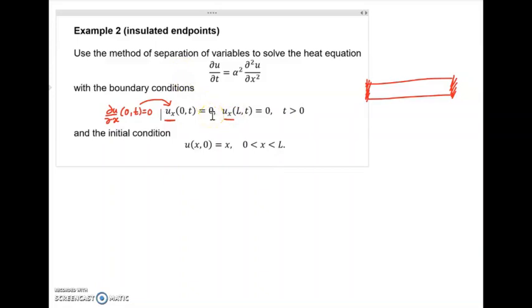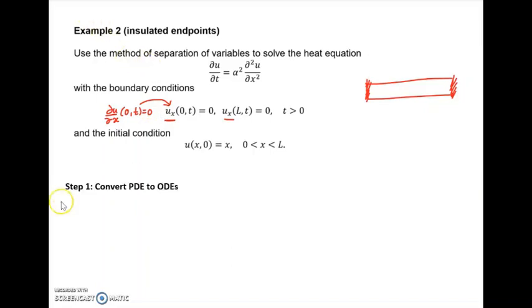So both values at the left and at the right are equal to 0, and we also have the initial condition: at time t equal to 0, the temperature u is given by a function of x, so it depends on where you are. All right, your first step, just like before, is to convert the PDE to ODEs.